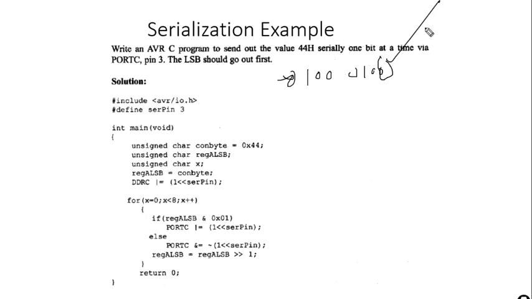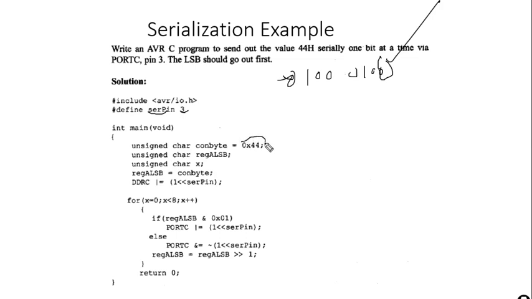If you were asked that the MSB should go first, in that case we would have left shifted. So the code starts. We have given a name to the pin number, serial pin.